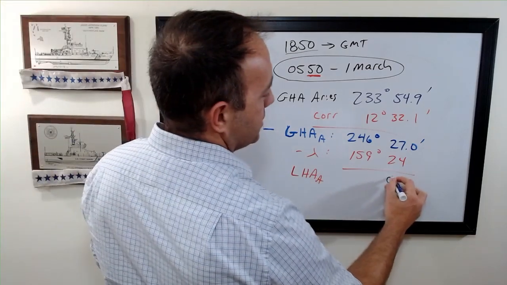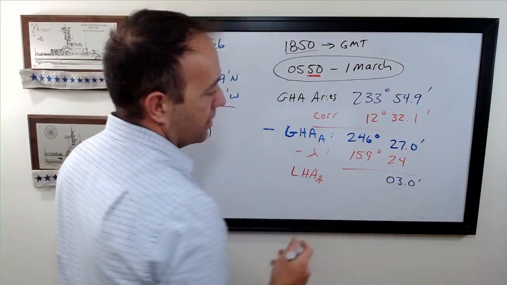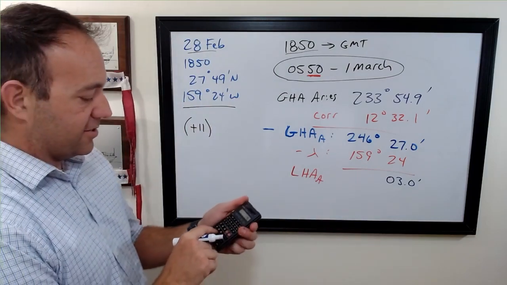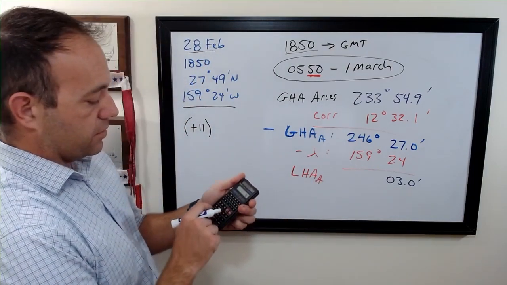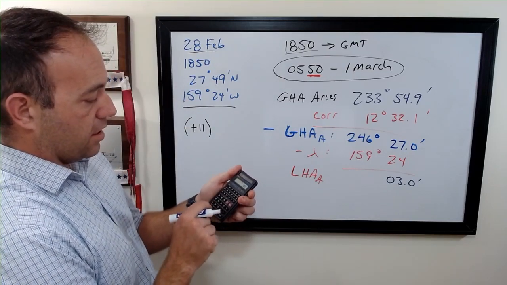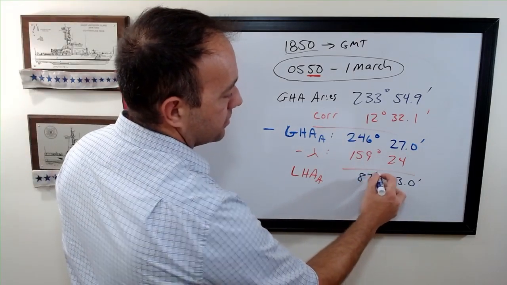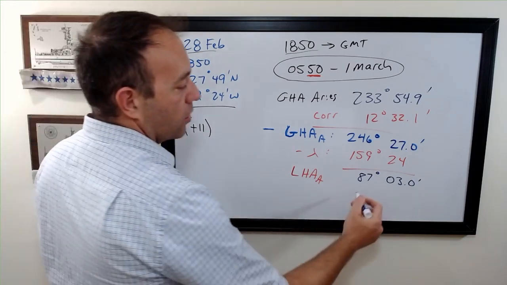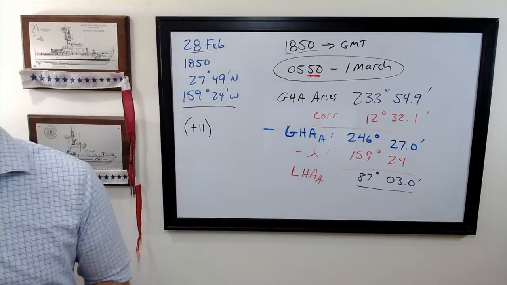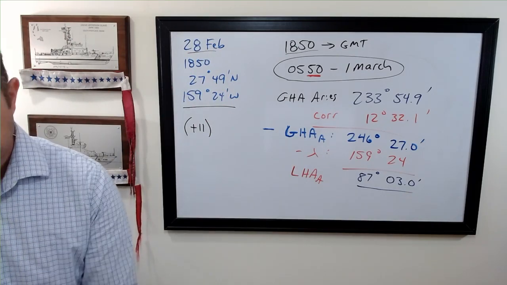Sorry, maybe I can't. 246 minus 159 gives us 87 degrees. So 87 degrees and 3 minutes. Again, how accurate do we need to be? Not very accurate, I would say.